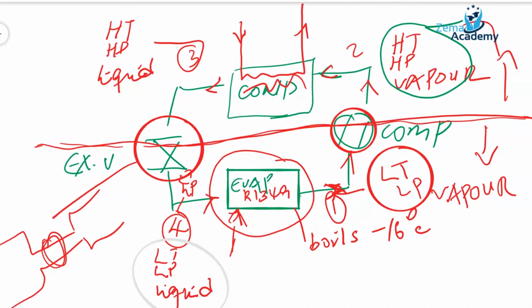We will look at how evaporating and condensing pressures affect the performance of any system. And by monitoring and controlling the pressure of systems, you can play around with the performance of the system. So that's generally how a vapor compression system operates.